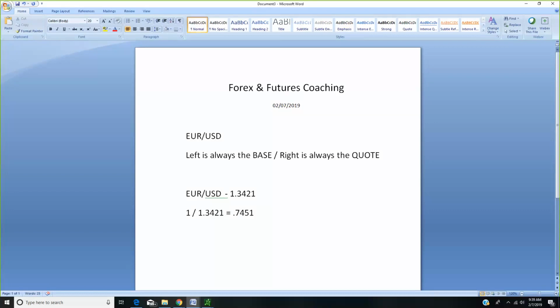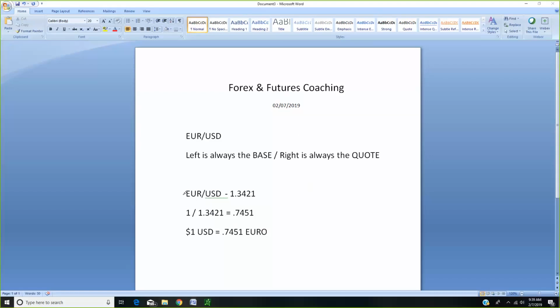That means that $1 US is equal to 0.7451 euro. Did y'all know that? Yeah. So check this out.